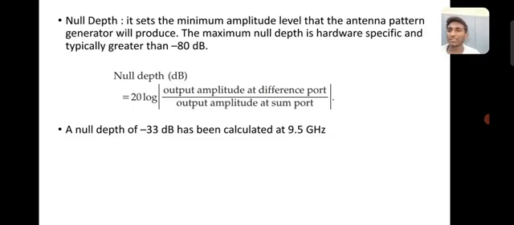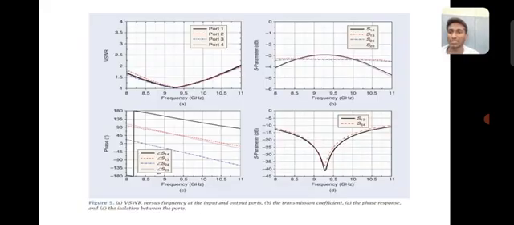So null depth can be calculated using the formula 20 log of the ratio of output amplitude at the difference port to the output amplitude at the sum port. A null depth of minus 33 dB has been calculated at 9.5 GHz. So we get the null depth of minus 33 dB at the frequency of 9.5 GHz.